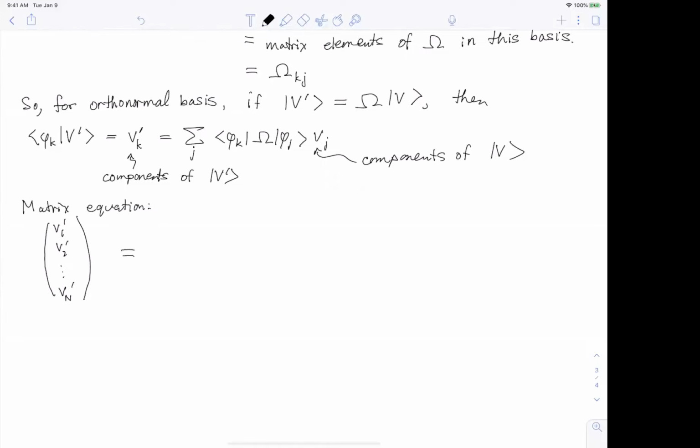I write this as a big matrix, which looks like phi1 omega phi1, phi1 omega phi2. These are the matrix elements, up to phi1 omega phi n.